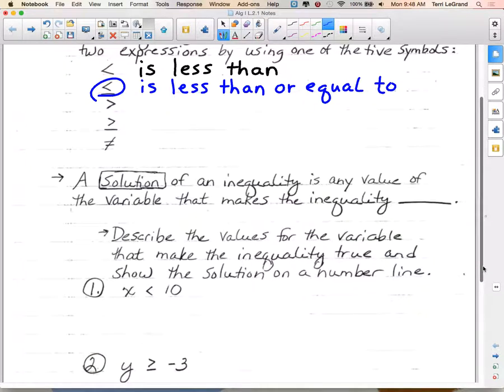How about our next one? Now we have that V lying on its side, pointing to the right. What's that one tell us? Austin? Is greater than. Remember, we have to use the word is again, because if we just use the words greater than, what does that mean?